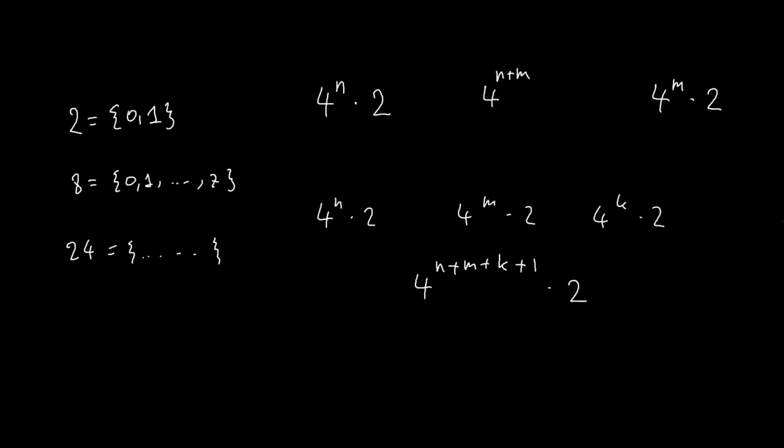So take the subcategory of the category of sets, where objects are sets of these kinds of sizes, power of 4 multiplied by 2. Then in that category, you'll be able to form the product of any three objects. It will be a set of this size. So if your first object was this size, second this, and third this one, then the product of those three will be an object of this size.